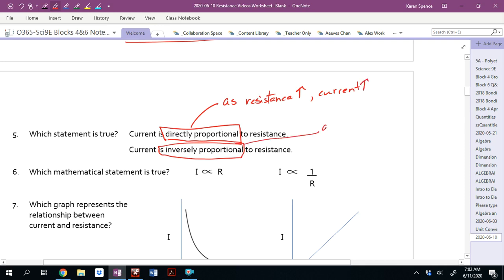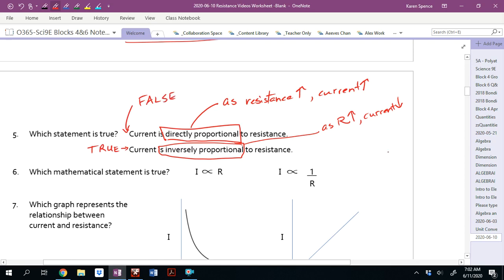If they are inversely proportional, this means as resistance goes up, the current goes down. And the more resistance there is, the less flow you'll have, because that's resistance to the flow of current. So it is the second statement which is true. This one here is false.